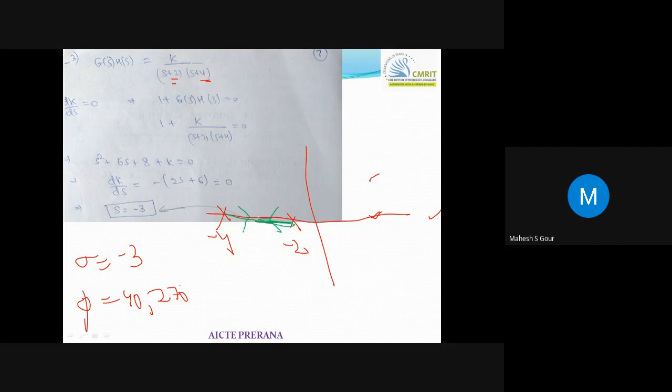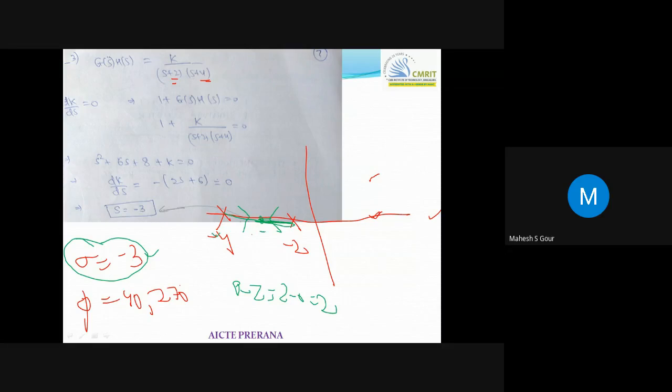Now at what angle is the asymptote? How many asymptotic lines are there? That is P minus Z, that is 2 minus 0, so totally 2 asymptotic lines. At what point? At the point of the centroid. Centroid is a point where asymptotic lines meet. So one end I'll keep at the centroid, and the other end of the asymptotic lines I'll keep at the infinite point.